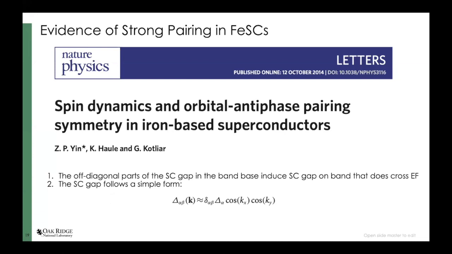The second thing they comment is that the superconducting gap does follow a simple form factor, which is again consistent with our measurement. So based on this, I think it's good consistency between the computation side and the experimental side, and to put a first evidence that the Hund's physics can affect the superconductivity in the iron-based superconductors.